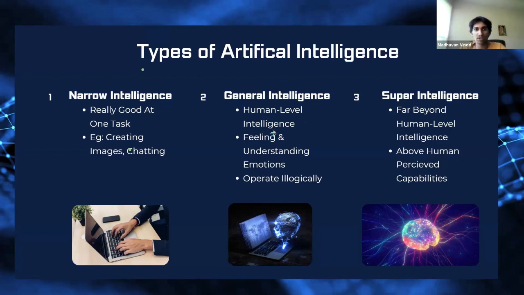If you watch Star Wars, C-3PO is an example of what you could perhaps call an artificial general intelligence. So it understands human feelings, emotions, intelligence, and at least to some extent, it's able to operate illogically. You know, it's able to see beyond just the program. It's not just a robot anymore. It's a little bit more than a robot, cyborg perhaps.